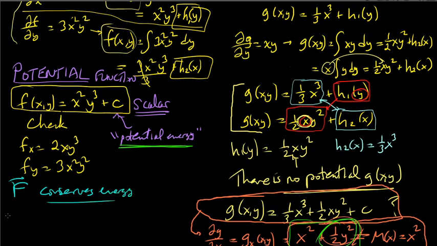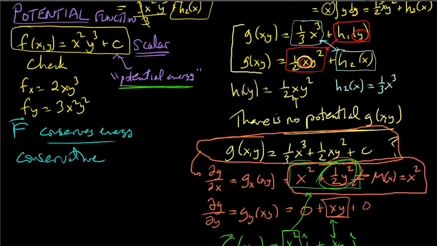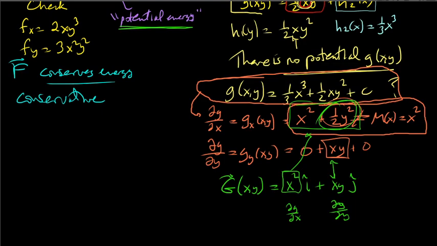That's why we call it conservative. And G, this vector field here, would not conserve energy. So this is non-conservative, or just say not conservative, either way. So the vector field G would not conserve energy.